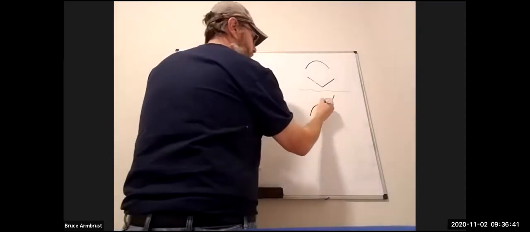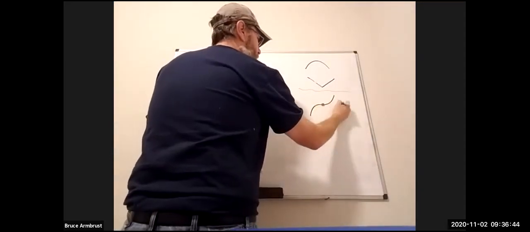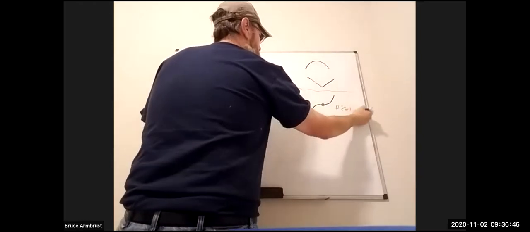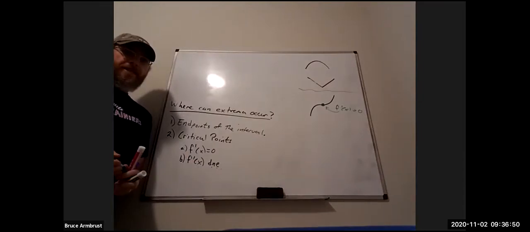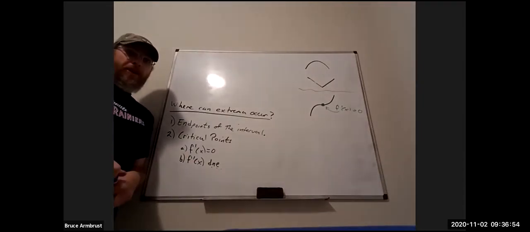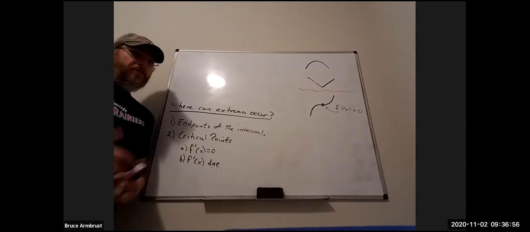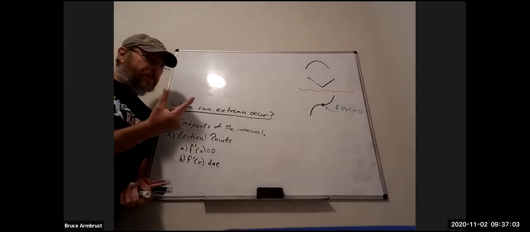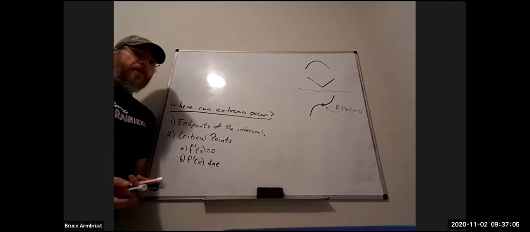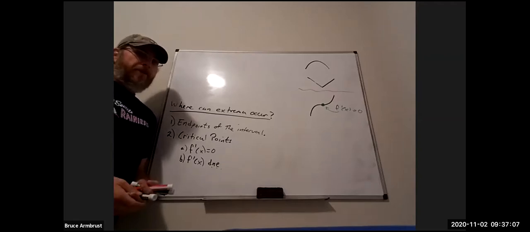So there is a point right here where the derivative is equal to 0. But notice that it is never going to be an extreme value. There's no way that's ever going to be a maximum or a minimum, because locally, no matter how big a delta neighborhood you make, there are going to be some values that are higher than it and some that are lower.